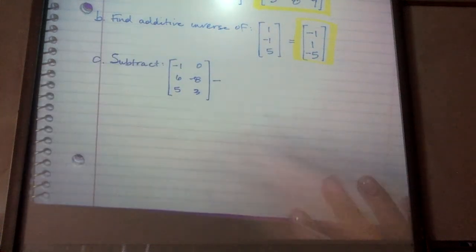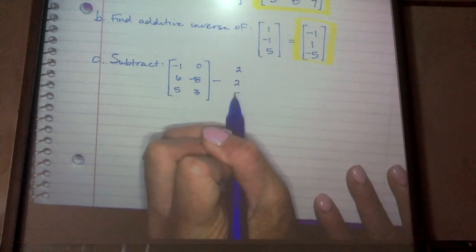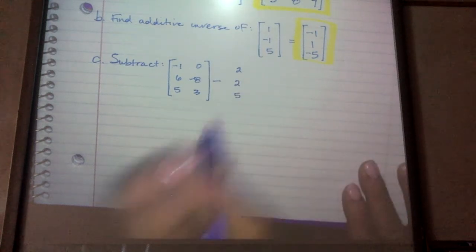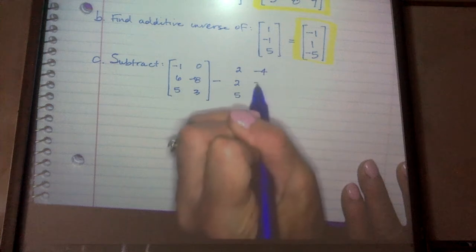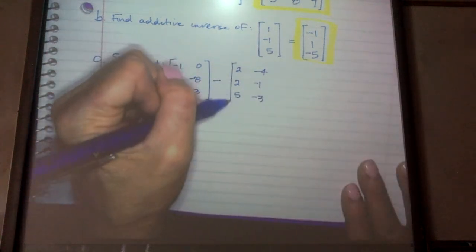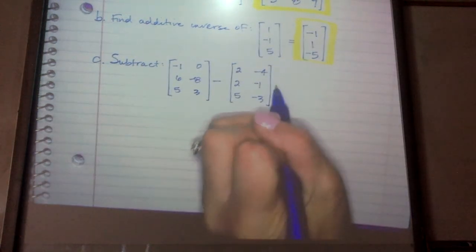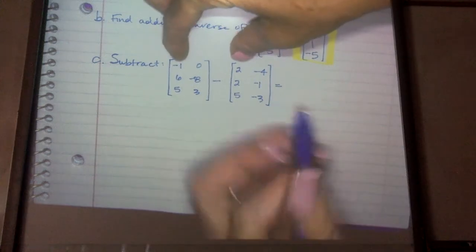And they want me to subtract the following. I'm working columns going down: 2, 2, 5, and negative 4, negative 1, and negative 3. Again, you can pause the video, do the work, and then see if it matches mine.